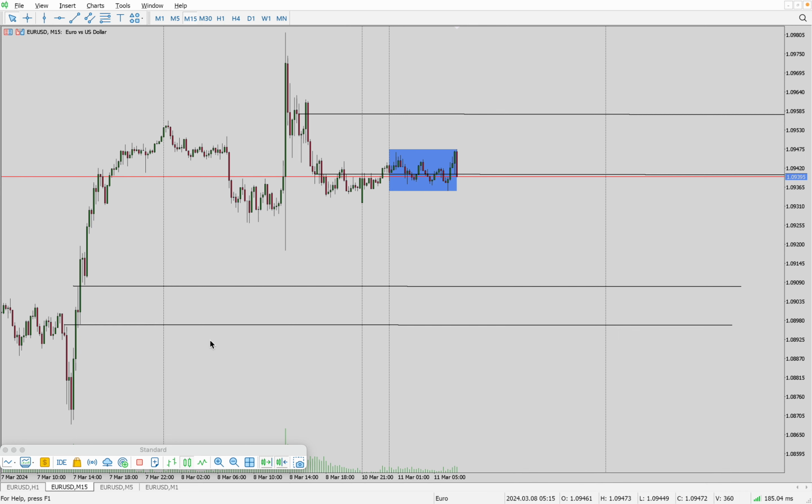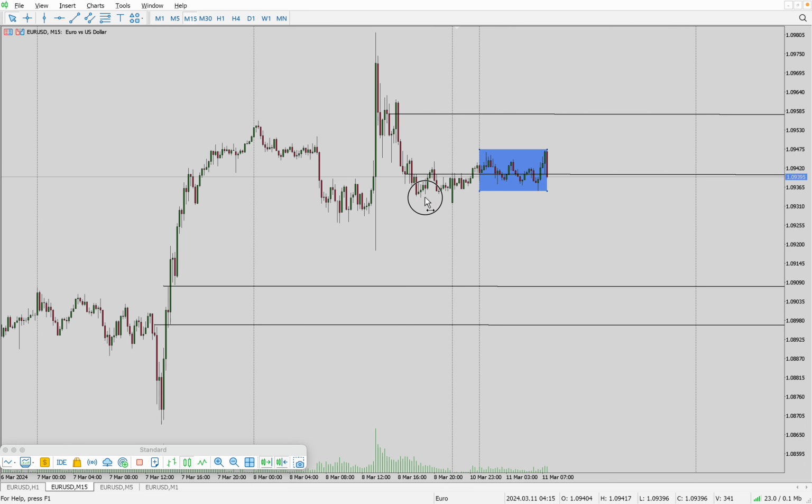It's okay. Just like how it came beneath the liquidity and then it went back for fair value gap. Alright? So I want us to measure 25 to 50 pips.